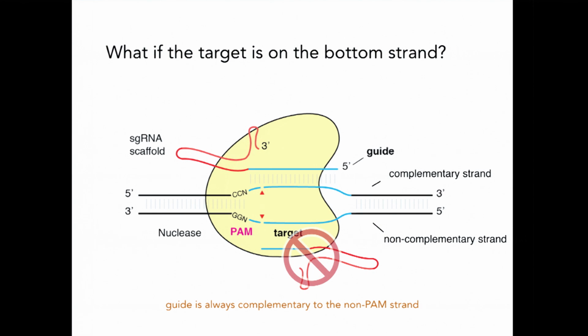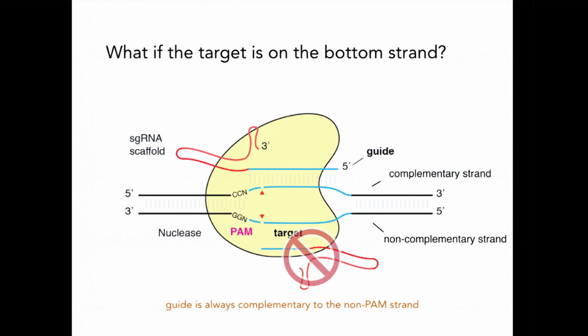Something that was very confusing for me at first, and I think will be confusing for a lot of people, is if you now flip it around and you want to target something where the NGG is on the bottom strand, you have to change the orientation of the guide.